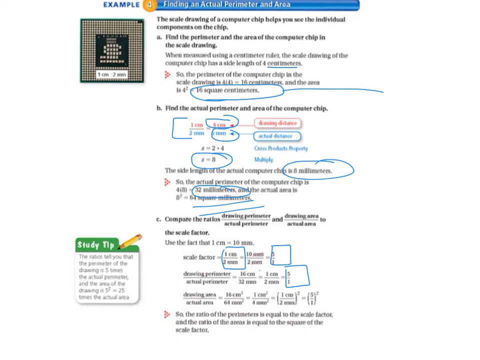And then when we do the drawing area over the actual area, we have 16 square centimeters over 64 square millimeters.